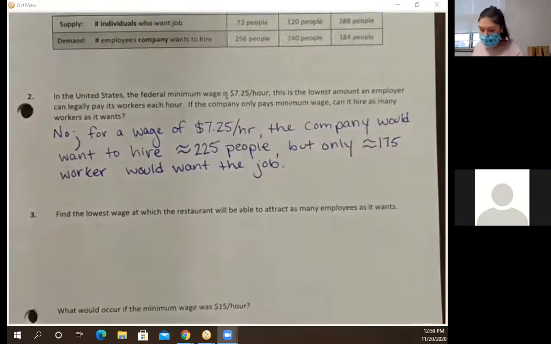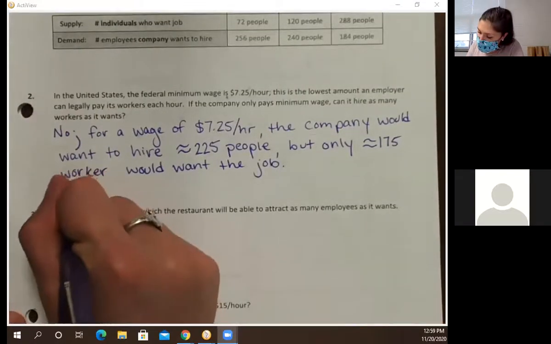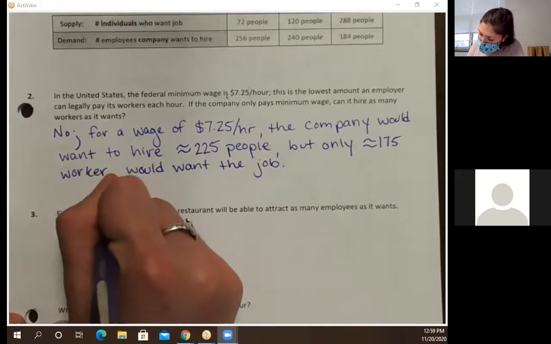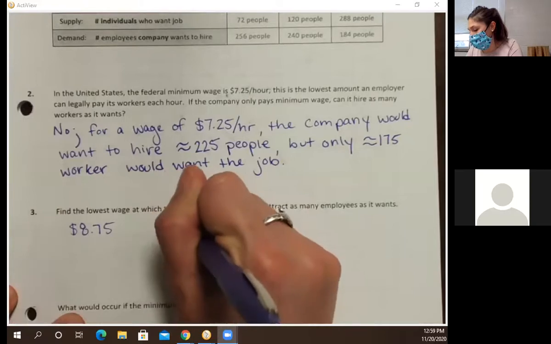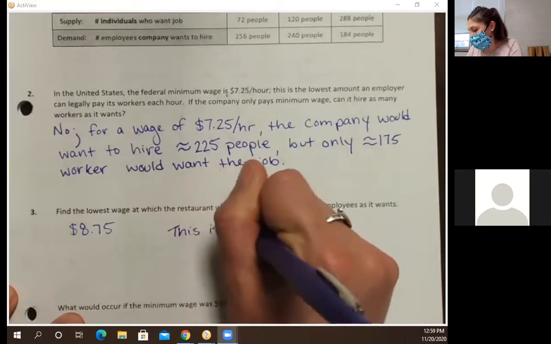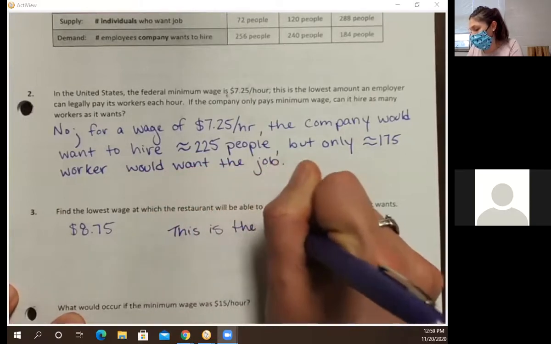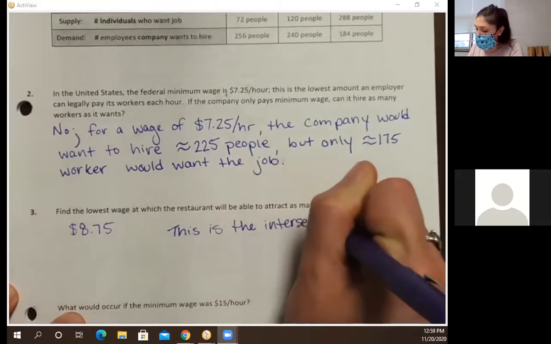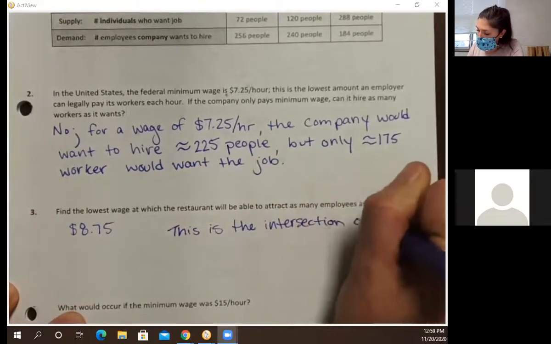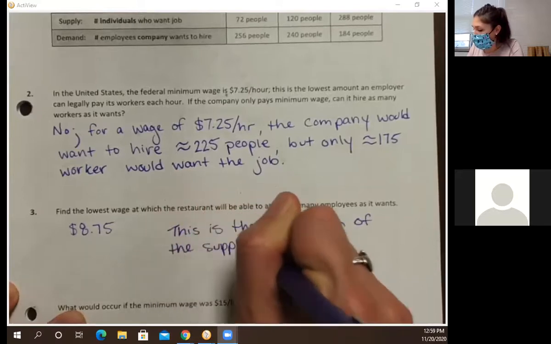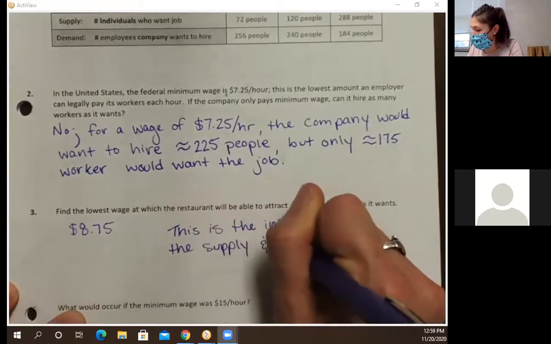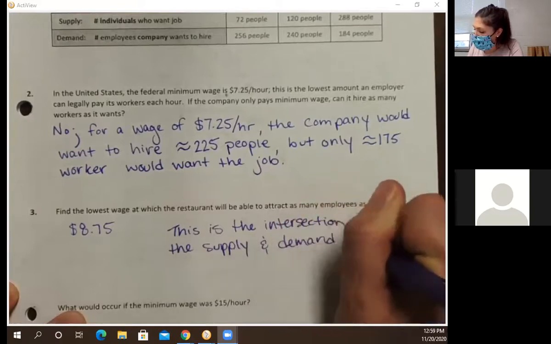If I flip back over here, the lowest wage would be $8.75, and this is the intersection of the supply and demand lines.